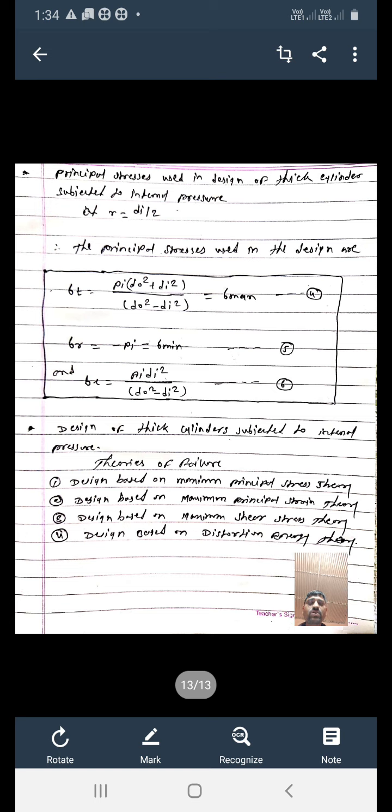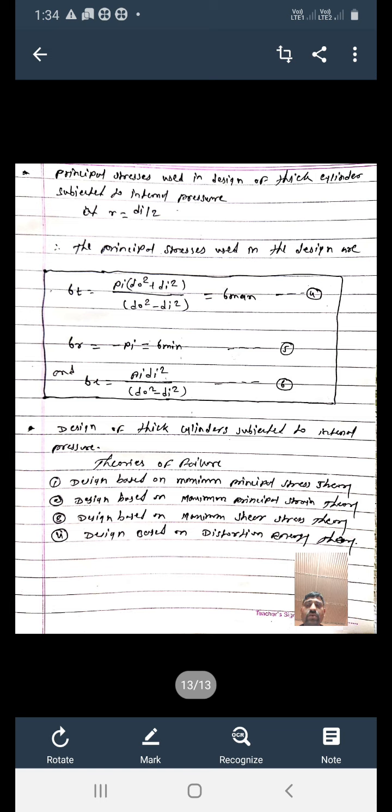Design based on the maximum principal stress theory is also called Lame's equation. Sometimes in the examination you will get a question for 6 marks: derive the Lame's equation. Lame's equation means design based on the maximum principal stress theory.